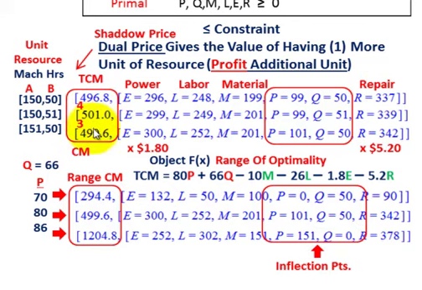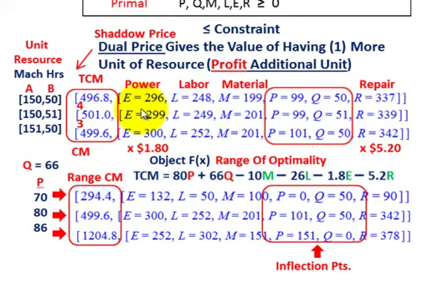And then one last thing, just to get an understanding, this is sort of sensitivity analysis to understand what's going on. I looked at the range of optimality. Before we get into that, just understand that when your program gives your power, labor, material and repair quantities, you'd have to put those back into your objective function.